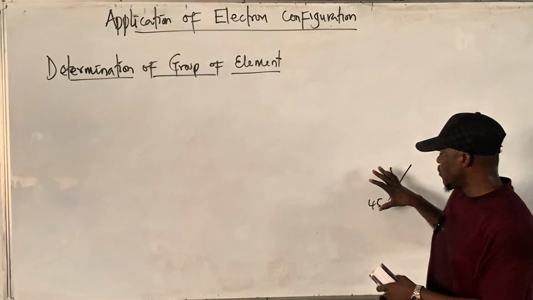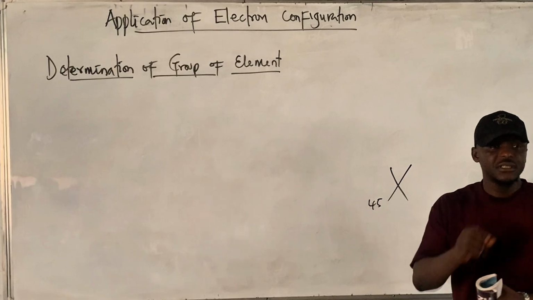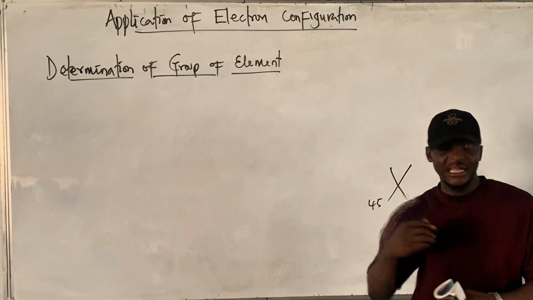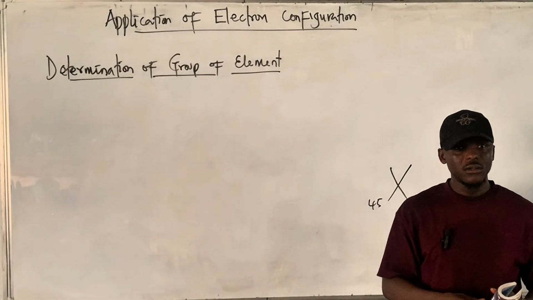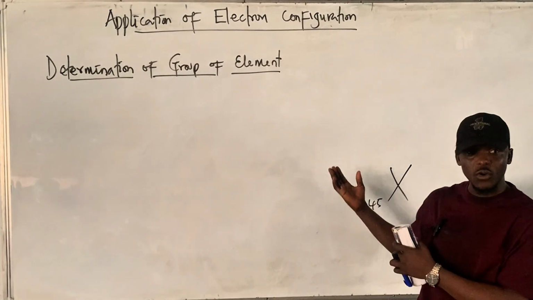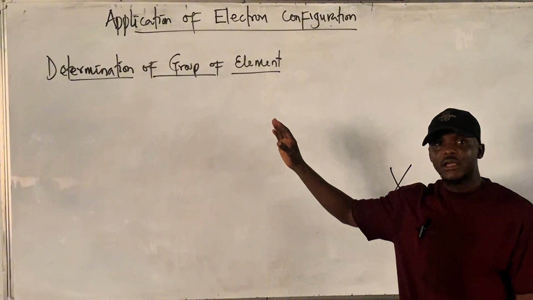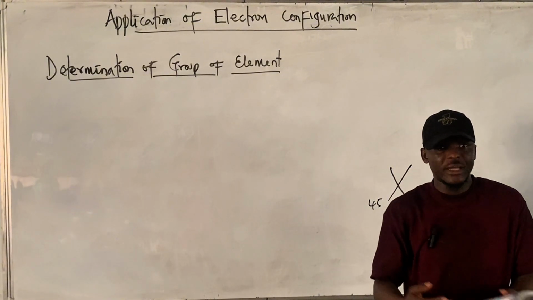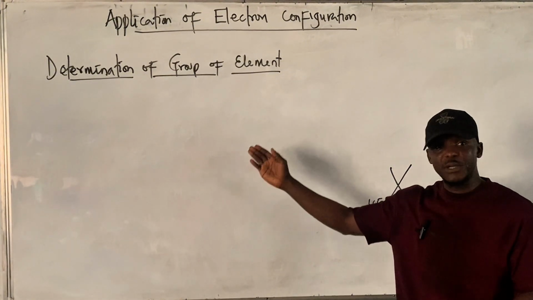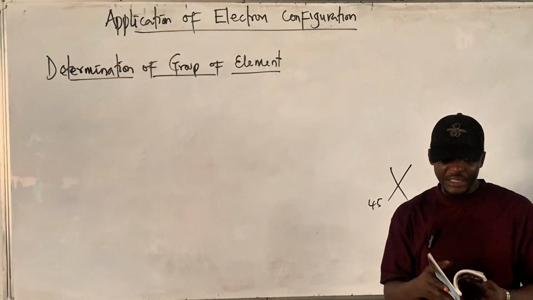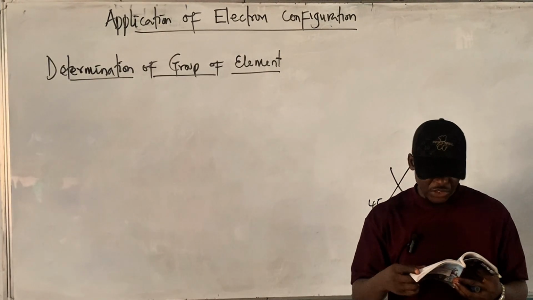So once they give you an atomic number or the electronic configuration and ask for the group, first ask which block that element is in. If it is S block, there is a formula you can use. If it is P block, there is another formula. Having said that, we'll dive into this properly.